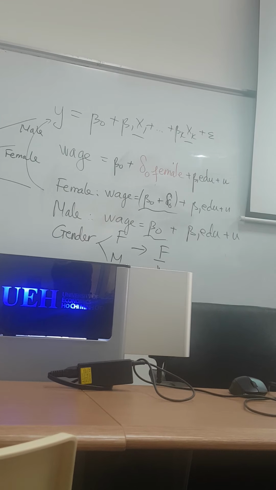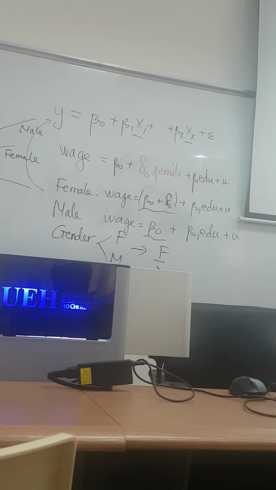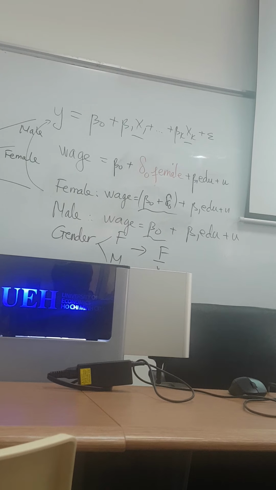Now assume I want to see whether there are any differences among quarter sales. I collect information on the sales of a company, the sales in the first quarter, the second, the third, and the fourth quarter. So how do I incorporate that information in the dummy variable?